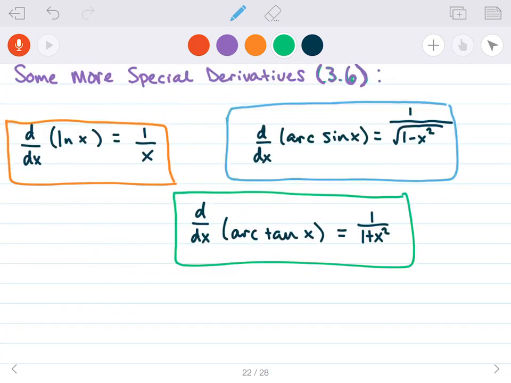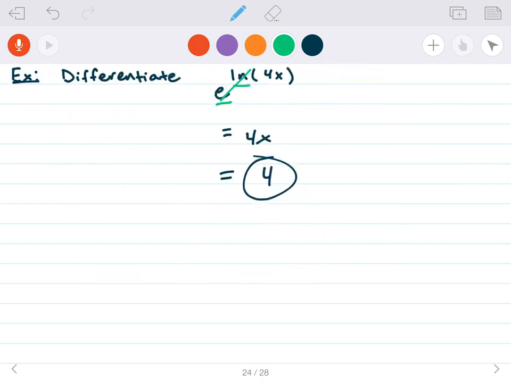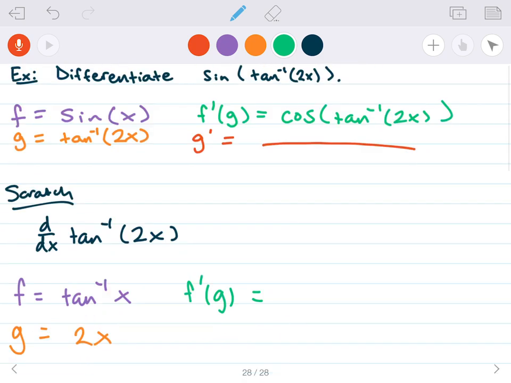Derivative of tan inverse is 1 over 1 plus x squared. But remember, instead of x, I'm putting g in there. And then the derivative of g is simply 2. Multiply these guys together so we can fill in the blank.